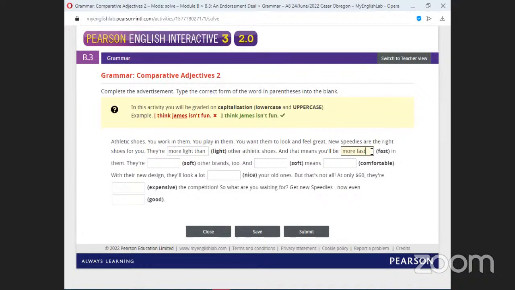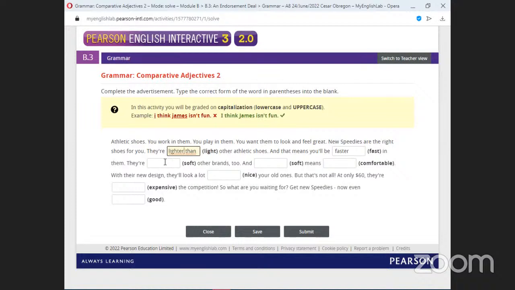Okay. Here, they are lighter than other athletic shoes. It's lighter. They are lighter than other athletic shoes, and that means you will be faster in them.